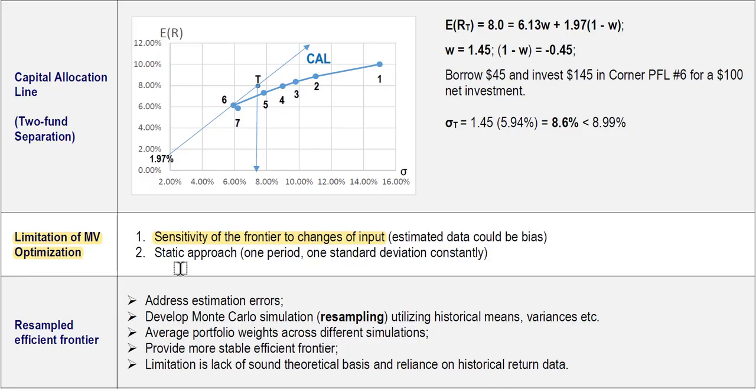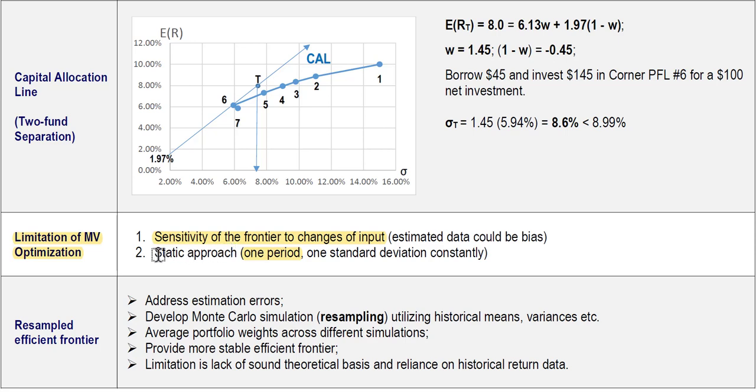The second problem is that again, this model is still a one-period model. That means we assume that all the distributions over time are constant. They don't change. But in fact, the distribution parameters change over time, caused by the market condition or what we call the economic parameter change.